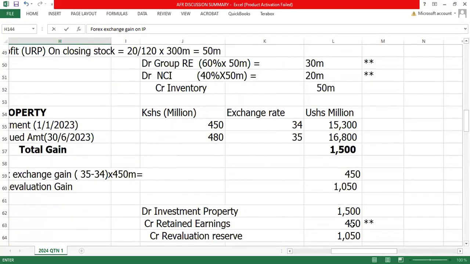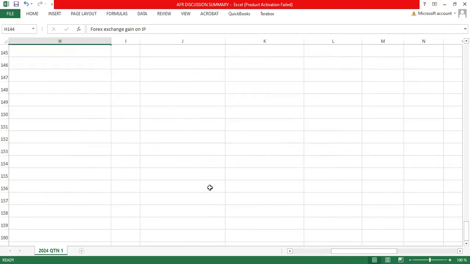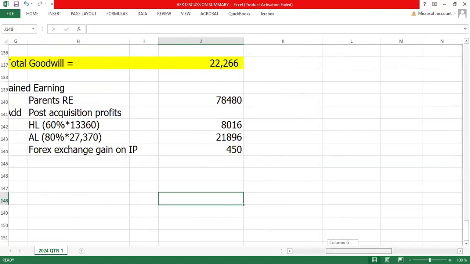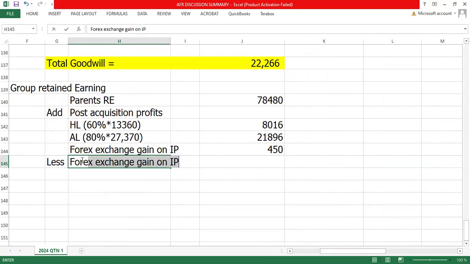Whenever you are crediting, you add. So you add it here. What else do you add? We don't have any other add. Intragroup transactions, we had the 30,000. Forex exchange loss.